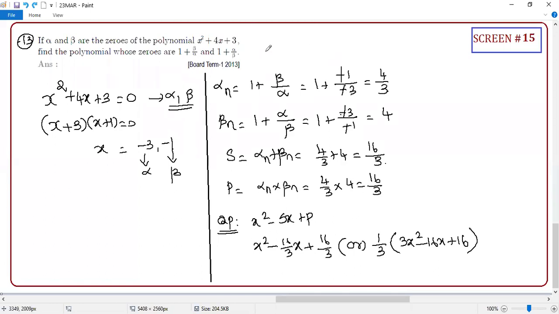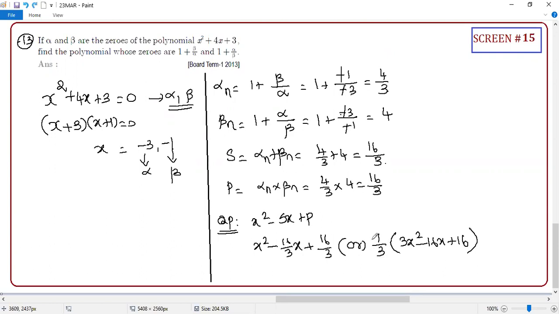Akshaya is having some doubt. Sir, instead of taking 1 by 3, can we take the LCM of 3? Oh, you are saying the final answer?